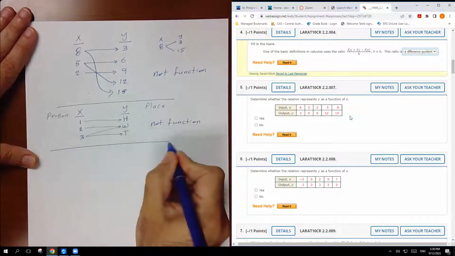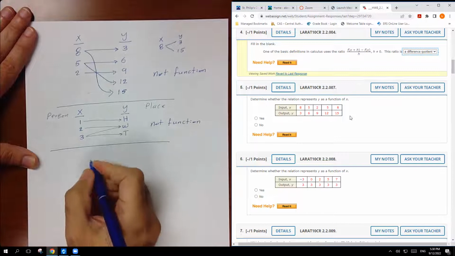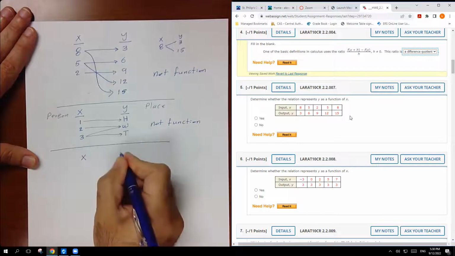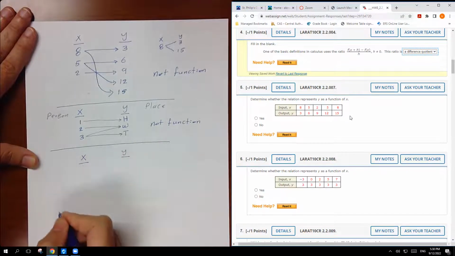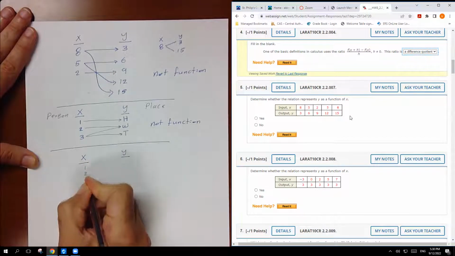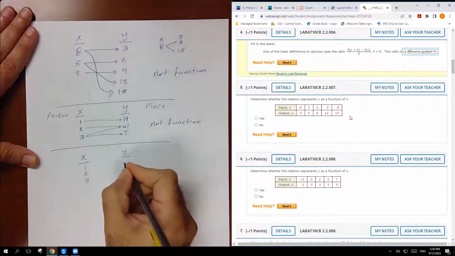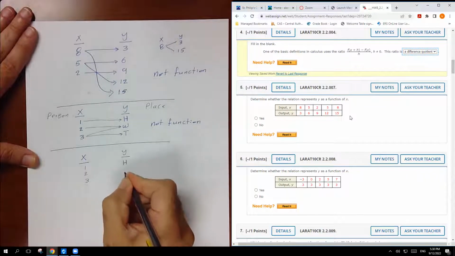But let's say we have X and Y, the same example, persons number 1, 2 and 3, and we have Home Depot and Target.